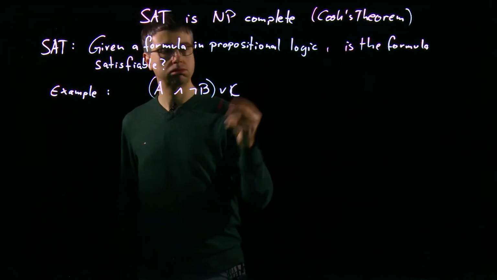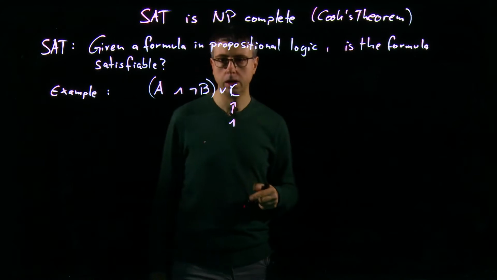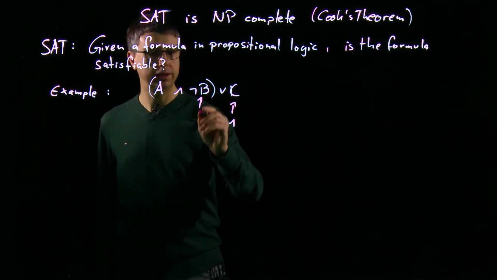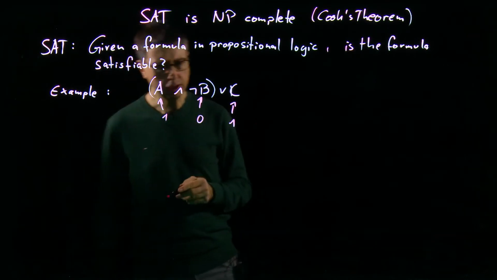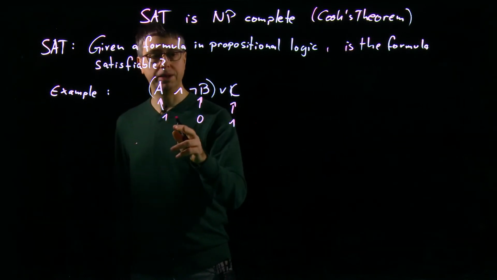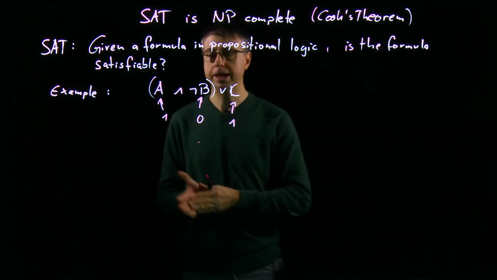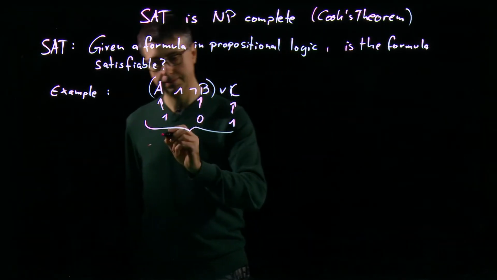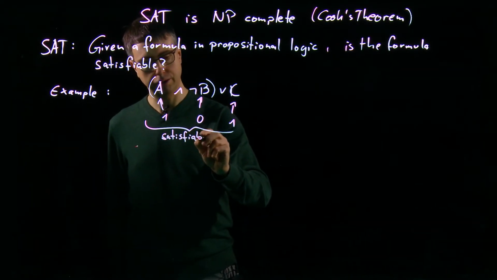For example, if we set this one here to 1, so to true, then the formula is true anyway, so we can set whatever we like for the other atomic propositions, and we obtain a valuation that makes this formula true. So this formula is satisfiable.